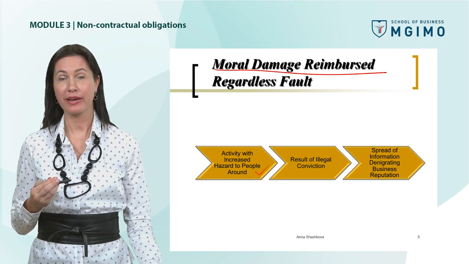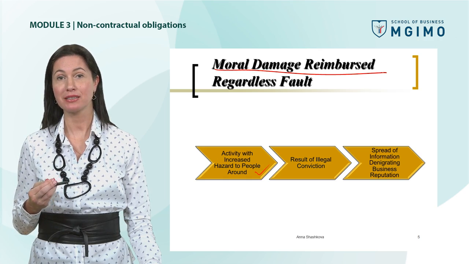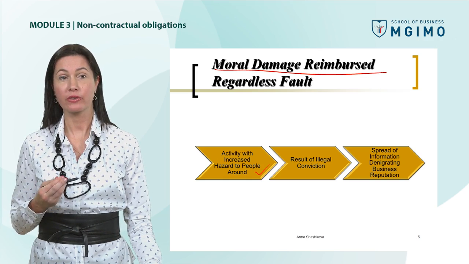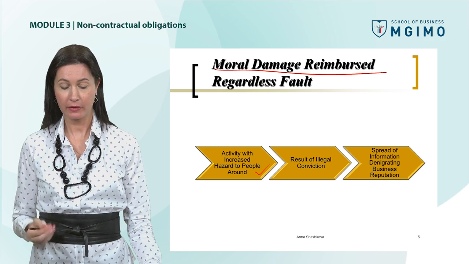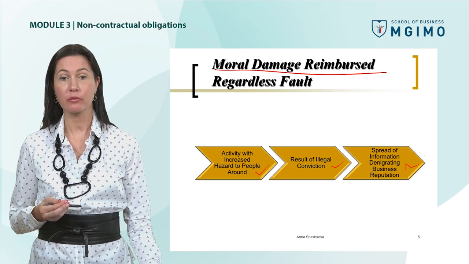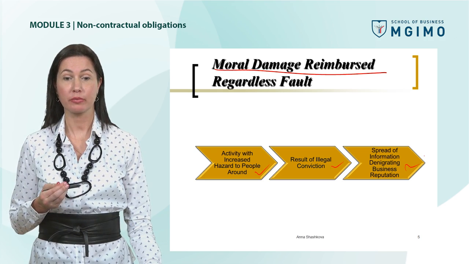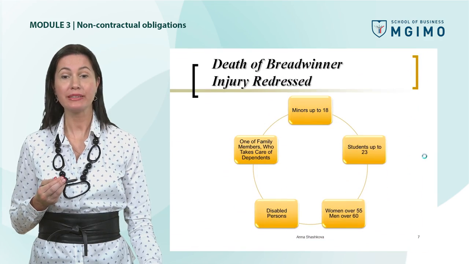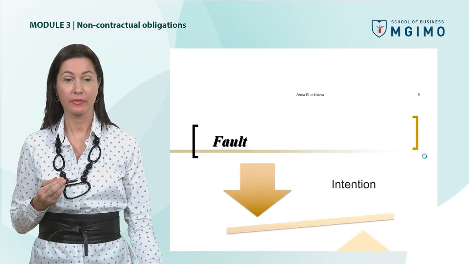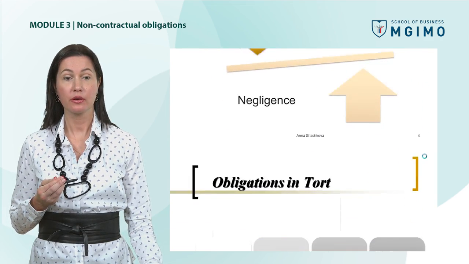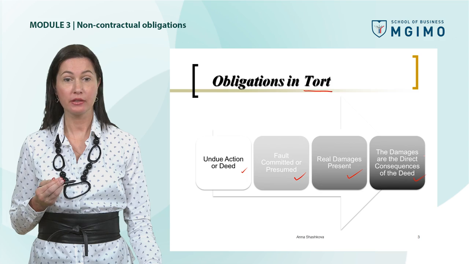The same with a factory which caused damage to the environment. The same with motor vehicles. So quite a lot of situations here. Next, result of illegal conviction and spread of information denigrating business reputation. So, what is omitted in this case? In this case, we do not have four notions, but we have three.